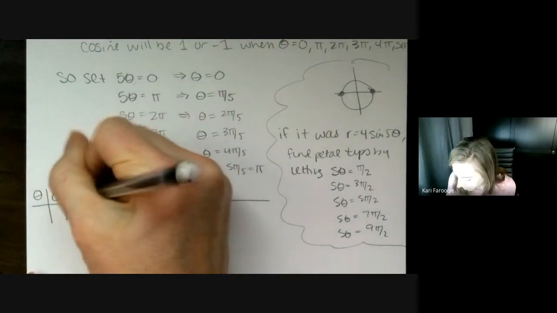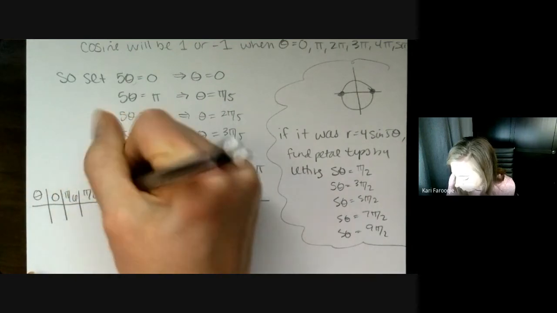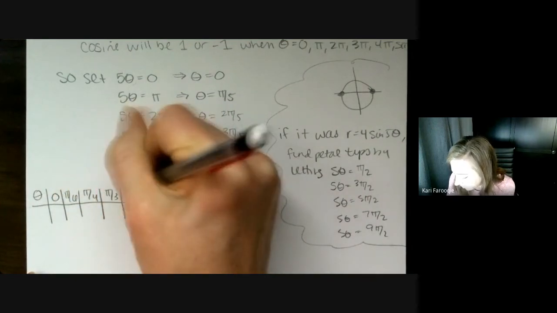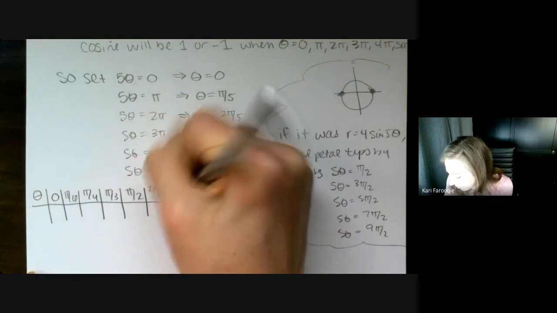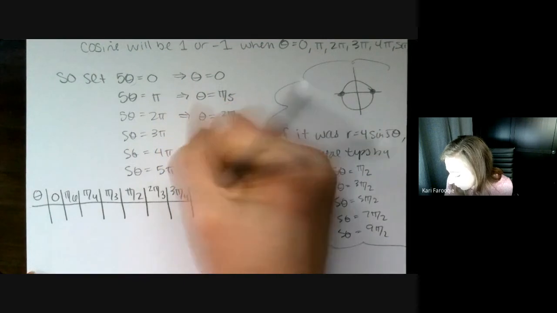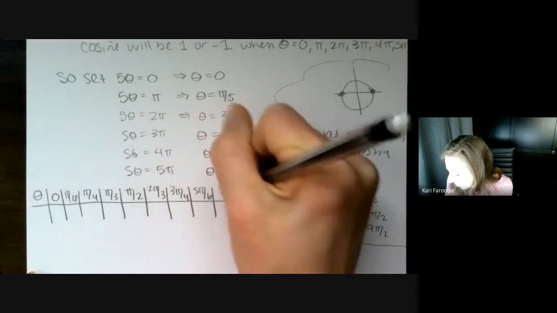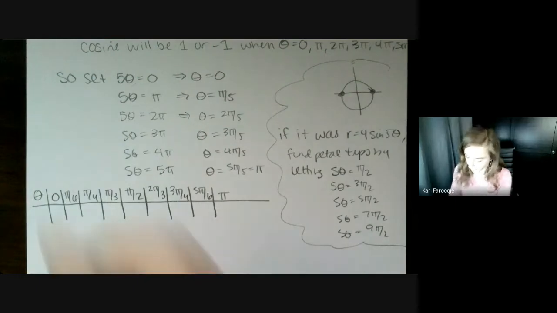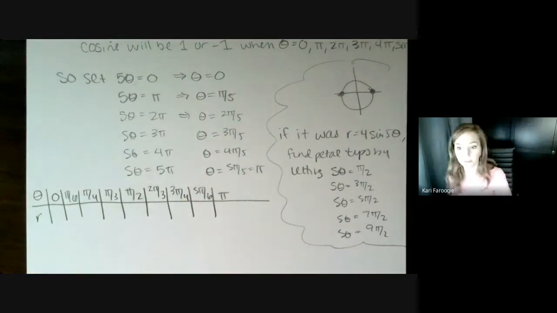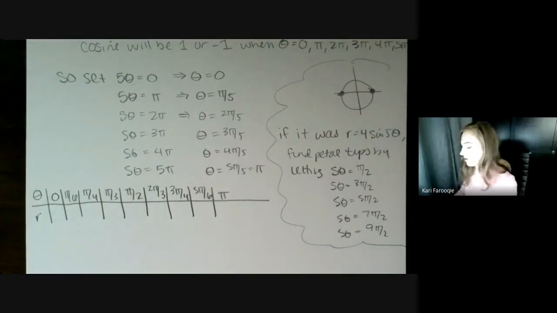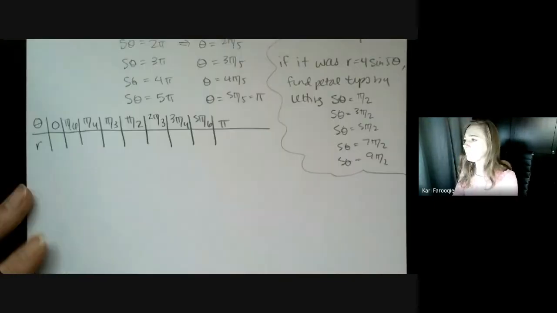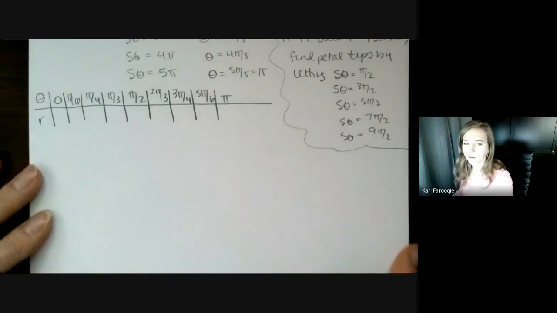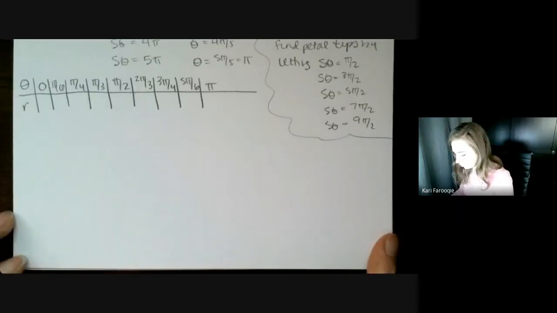Pi over 6, pi over 4, pi over 3, pi over 2, 2 pi over 3, 3 pi over 4, 5 pi over 6, pi. And then we'll see what happens. This is actually a really fun one to graph. What I think is fun is maybe a little bit convoluted, but that's fine. I'm trying to transfer some of this math love to you.